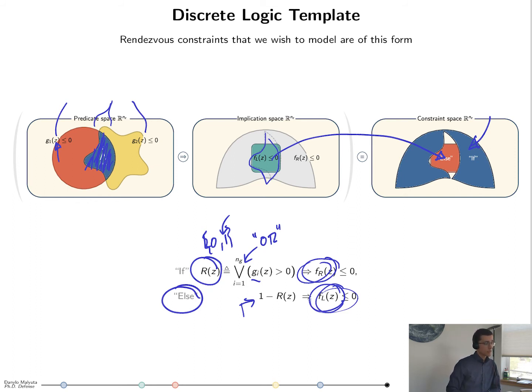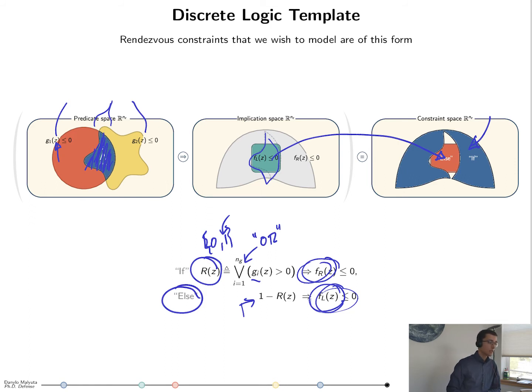We begin with this function r, and r is something that takes values of 0 or 1 representing truth. So when r is 1, then you want these constraints represented by fr to hold. When r is 0, then you go into this else statement where constraints represented by fl must hold.